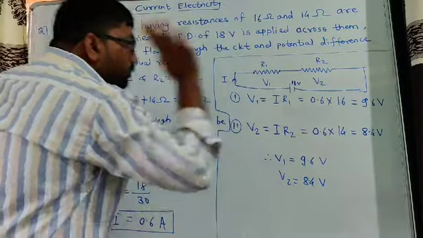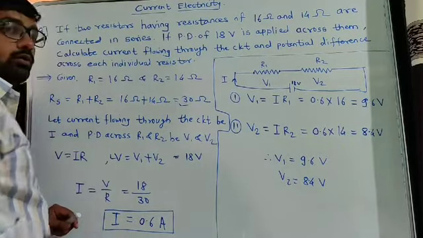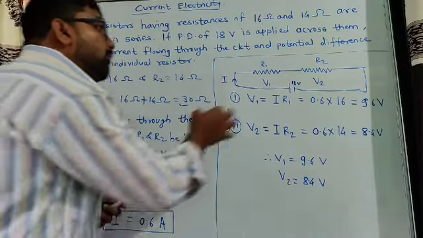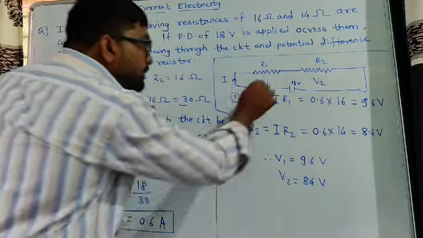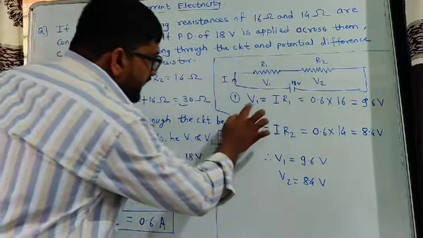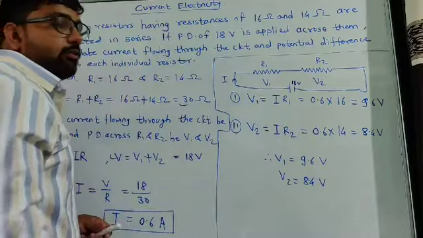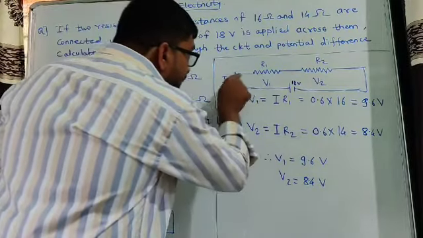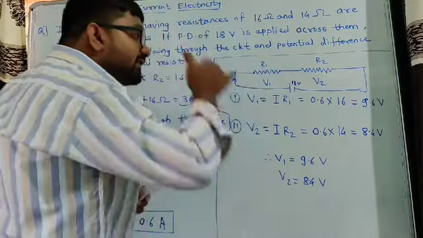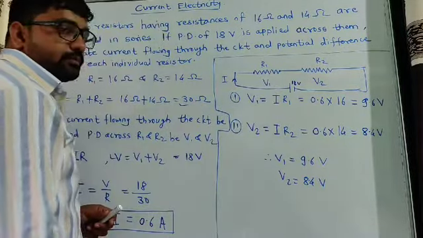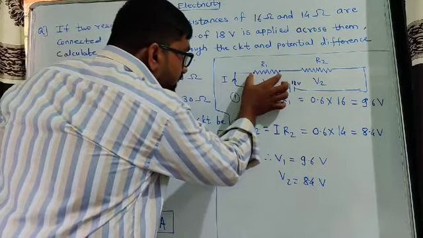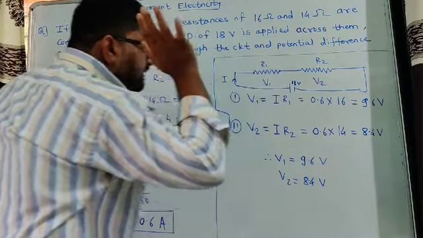So the potential difference across resistor R1 will be V1, equal to I, the current flowing through these resistors, into the value of this first resistor.